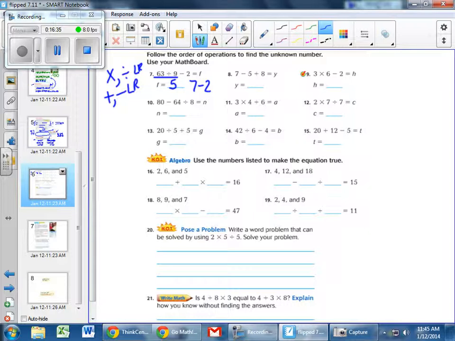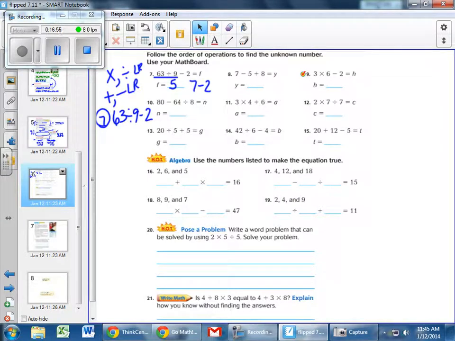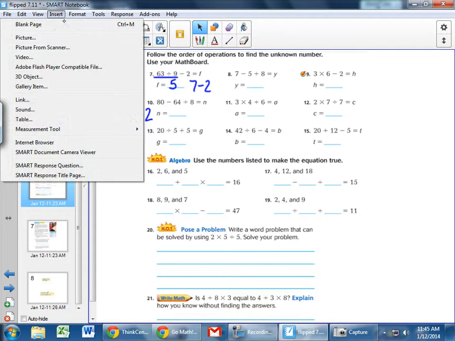And actually, I want you to get in the habit of writing these out. So get a piece of scratch paper. I'm going to use just this space over here to show you what I want you to write. You have 63 divided by 9 minus 2. You should write that first on your page. Let me get a new page.